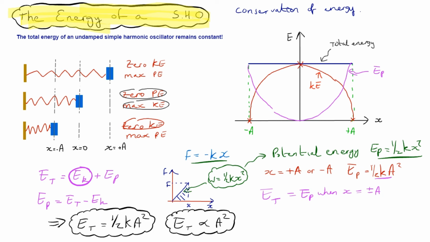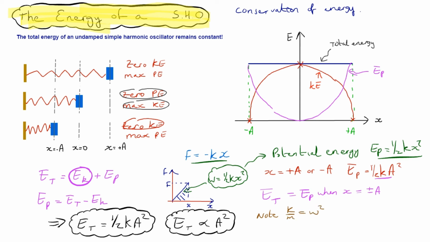It's also good just to realise that this can be written in one other way. Remember that k over m is omega squared.